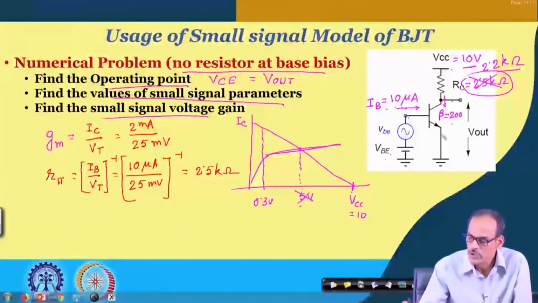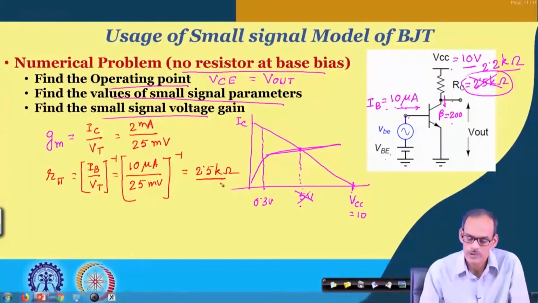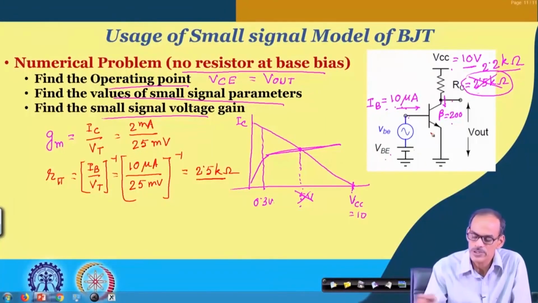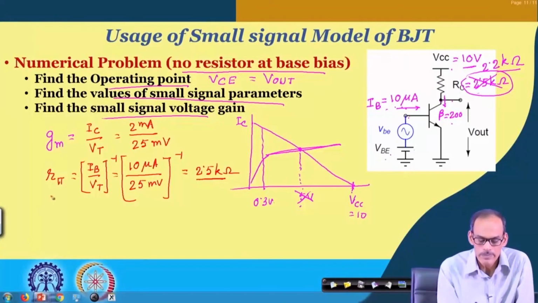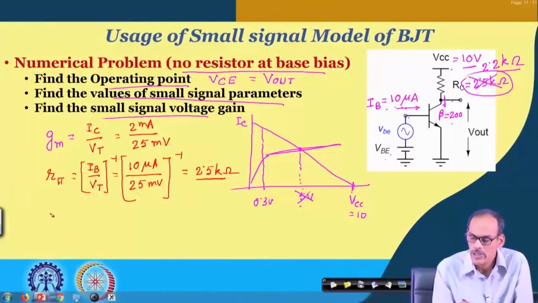So, that gives us 2.5 kilo ohm. By the way, the base to emitter resistance, you can see that it is much higher than typical diode on resistance, mainly because the base current, though it is having exponential dependency, the base current is very small. And then we may assume that the early voltage is very high.